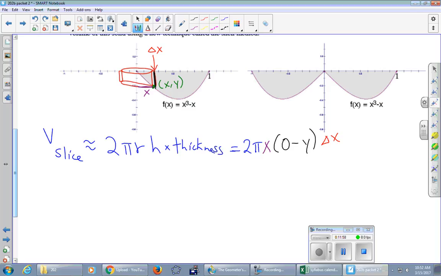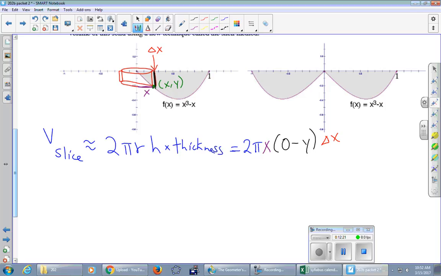Two pi times the radius times the height. That's an area, and then we multiply by the thickness to give us the volume roughly. Okay, what's the magic letter we want everything to be in terms of? X, delta x. Okay, so that means we just need to change this y into something with x's. Do we have an equation for y in terms of x? We do.